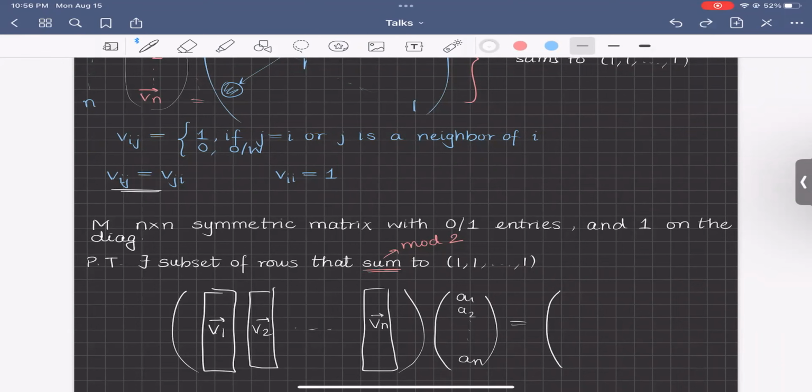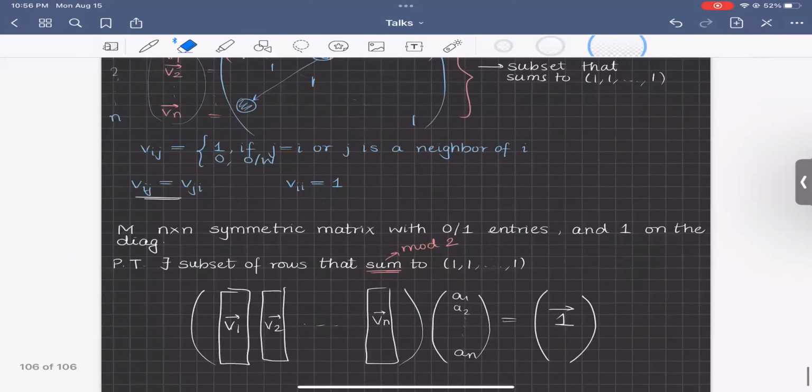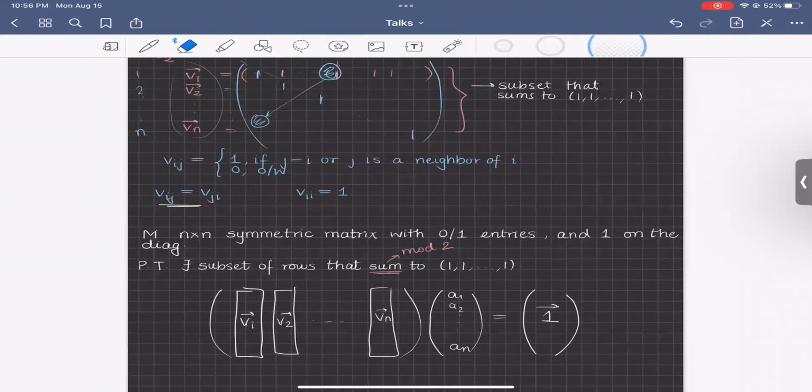Wait, hold on. Yes, this should be 1. This is right, isn't it? Or am I messing up? I think so. Yeah, you're right. Okay, let's keep this way. But don't worry, we don't need to multiply it. It's really the same thing because these are zeros and ones. It can't be that different to interpret it differently.